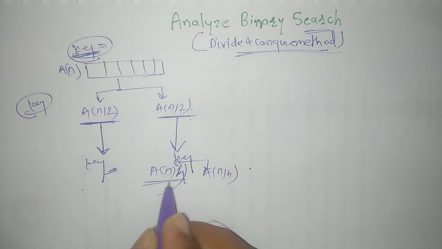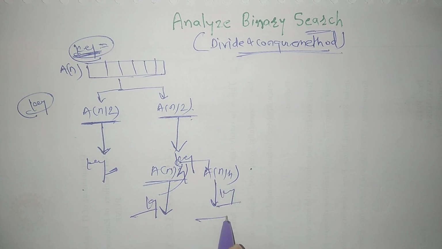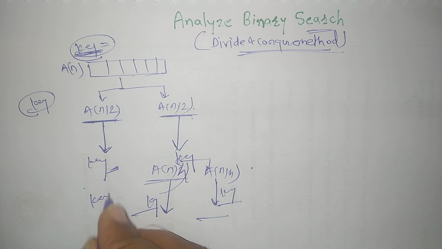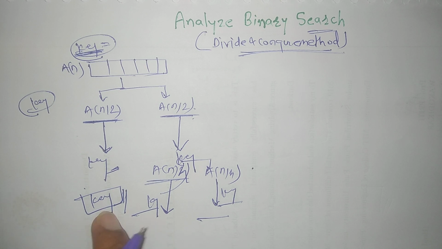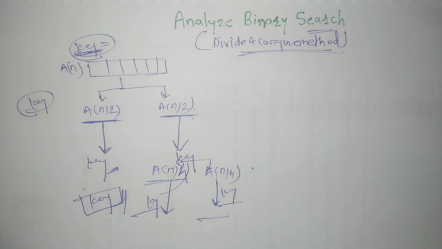We'll compare whether my key is going to be found in this part or in the right hand side. I have to perform this division till the key is found. As soon as the key value is equal to the array value, I have to stop and check where the key value is found.